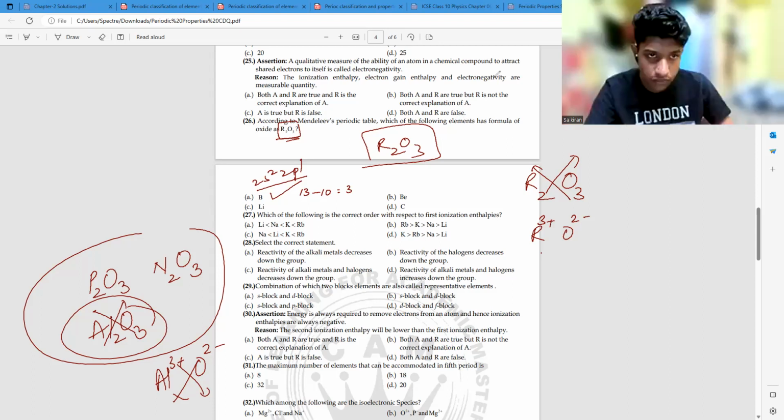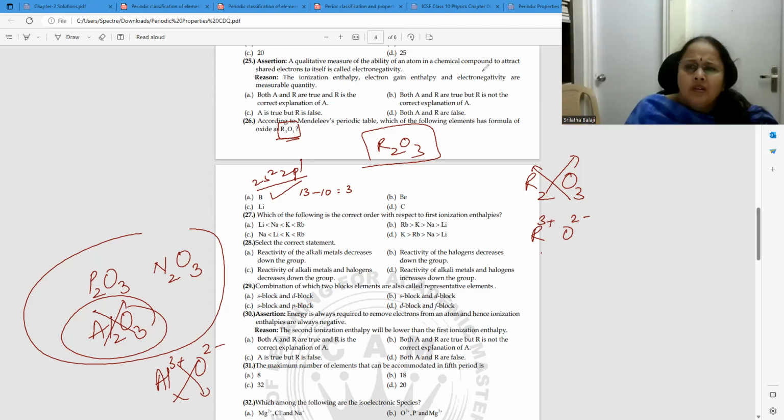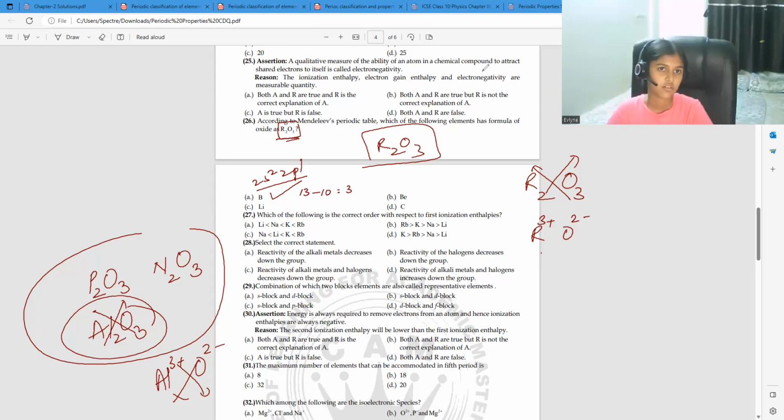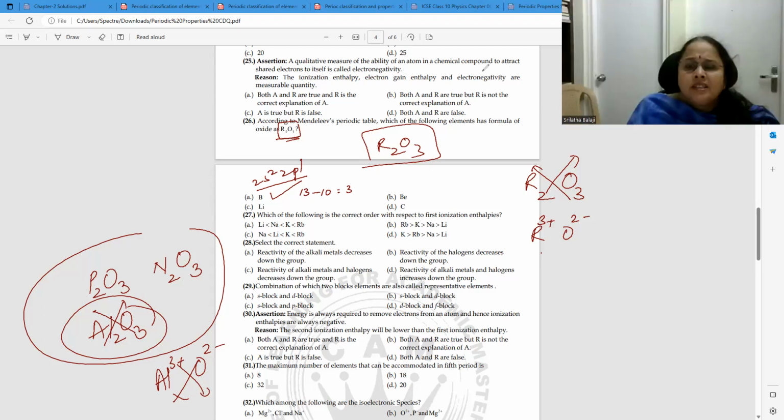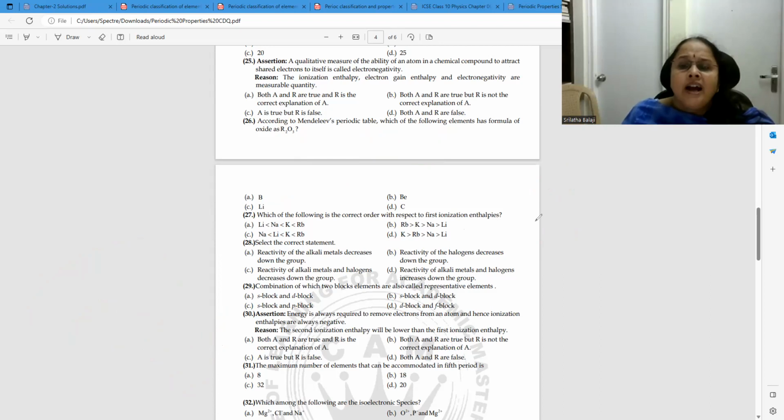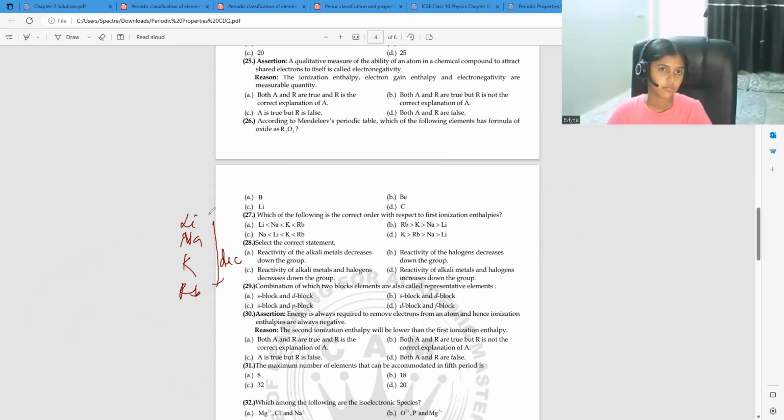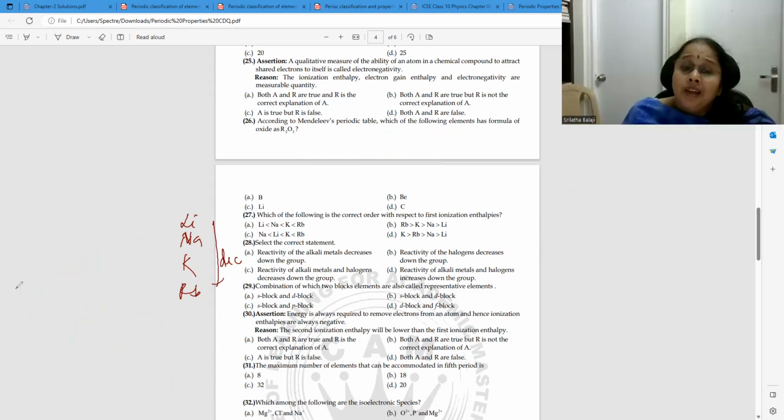It decreases. So which is having the highest ionization enthalpy? See the elements: lithium, sodium, potassium, rubidium. It will decrease. Which is having the highest? Lithium. So the order should be lithium greater than sodium, greater than potassium, greater than rubidium.